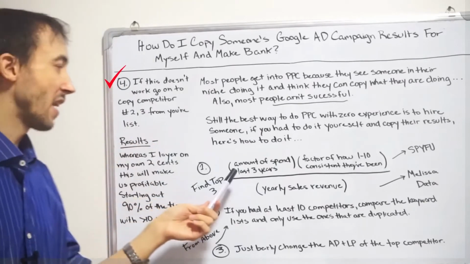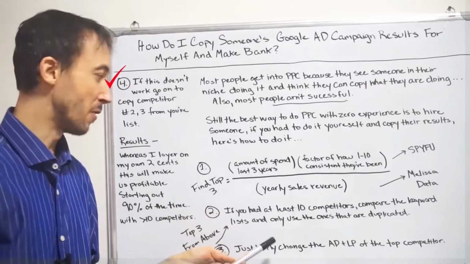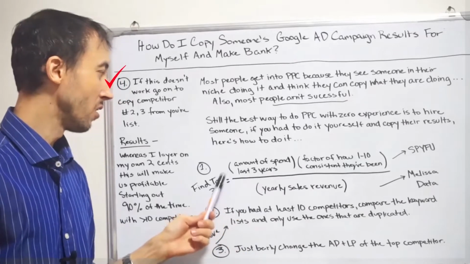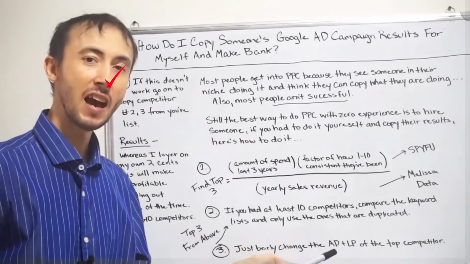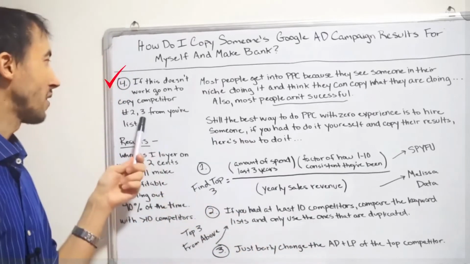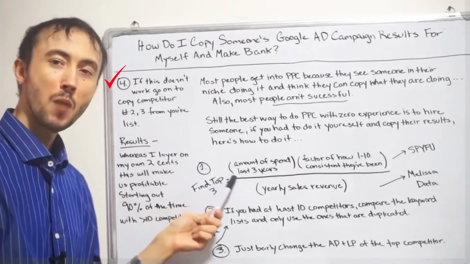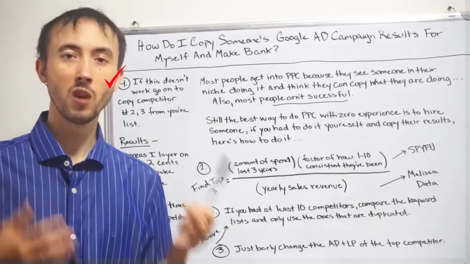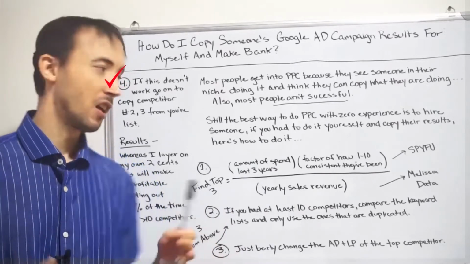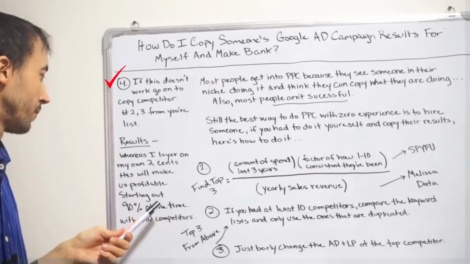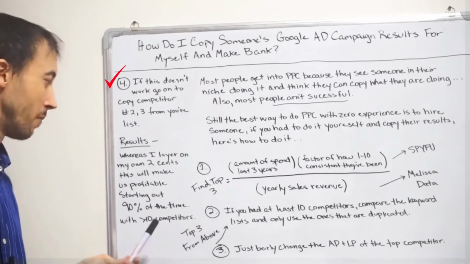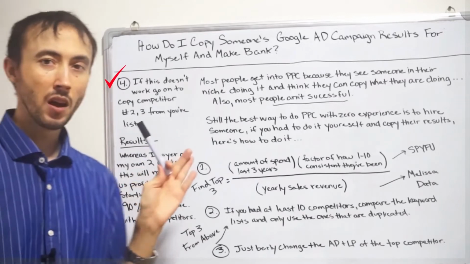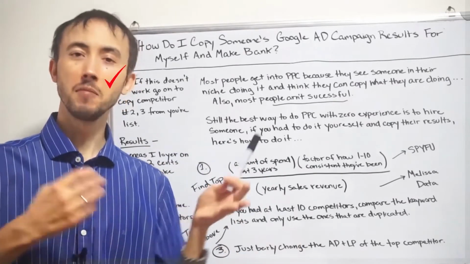Then you're going to go on to test and rip off, if you will, call it rip off, the second highest number you got from this formula, and use their ad and their landing page. If you go after the top 3 using this formula, you're going to find one of the 3 that's making money. 90% of the time, if you've got 10 competitors or more and you run this formula on all of them, you're going to find at least one of the 3 that's going to make you money.